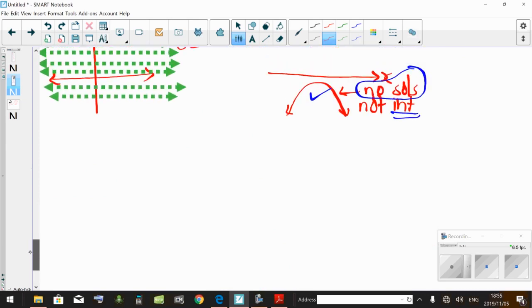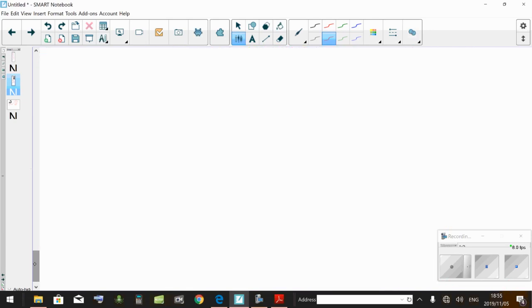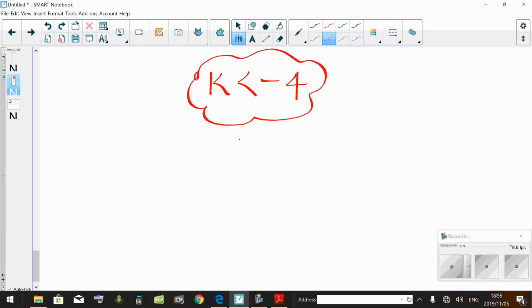So the answer to this question would be k is less than -4. This will ensure that there is no point of intersection.